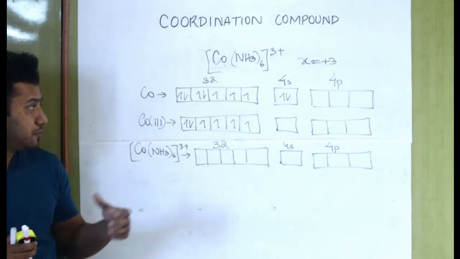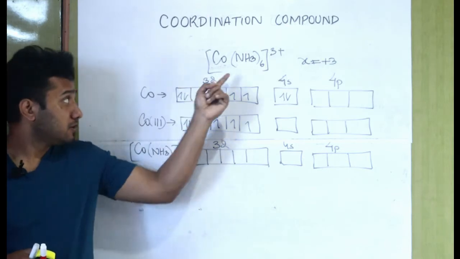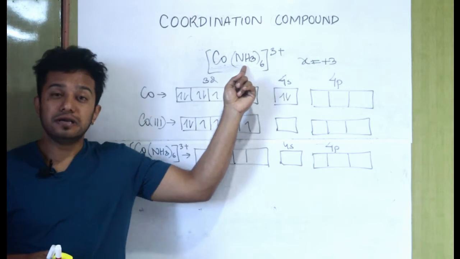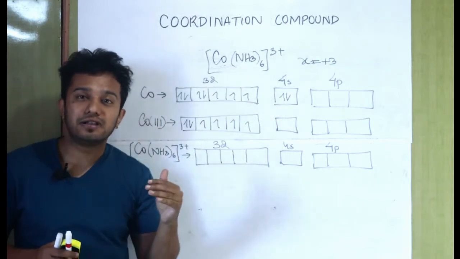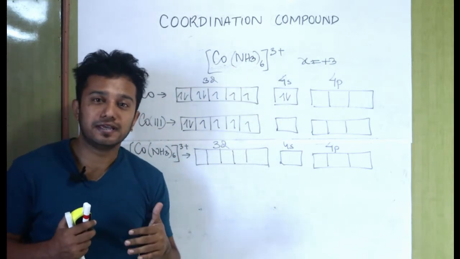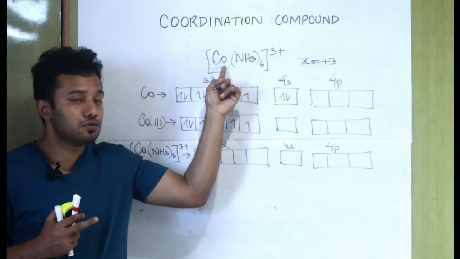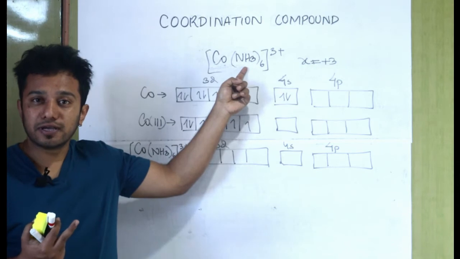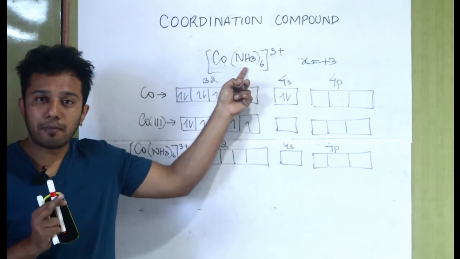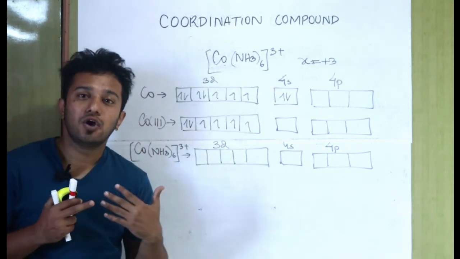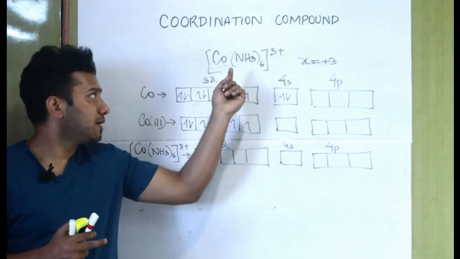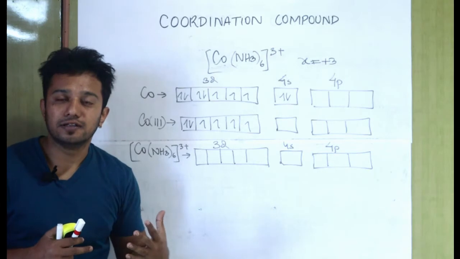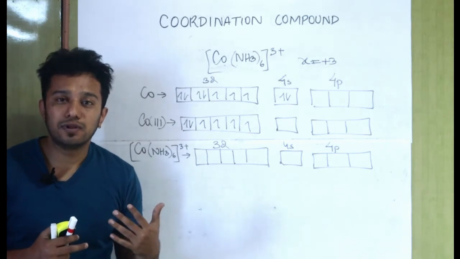So now, if you look at this coordination compound and the ligand out here, NH3. In general, NH3 is a weak ligand, but when it makes bonds with cobalt, NH3 acts as a strong ligand. The point to remember is that NH3 is a weak ligand, but when it makes a bond with cobalt, it acts as a strong ligand. If it acts as a strong ligand, what will happen?